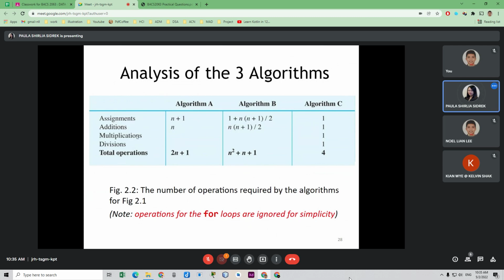And then what do you have for multiplication? You should justify here. The value for C remains constant all the way because it is, after all, a constant value. So your total operations for algorithm A would be 2n plus 1, for algorithm B would be n squared plus n plus 1, and algorithm C would be 4. You should involve all these operations in your code.